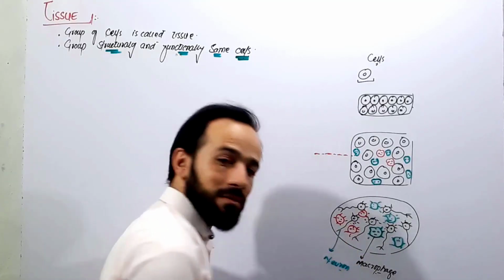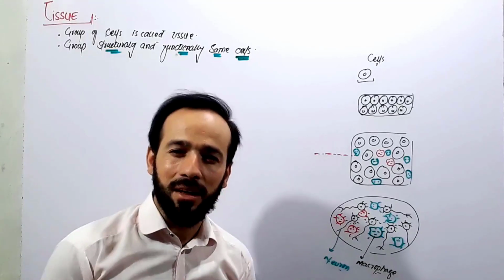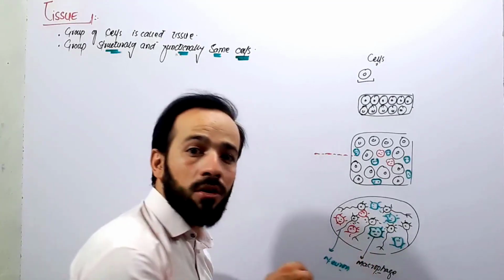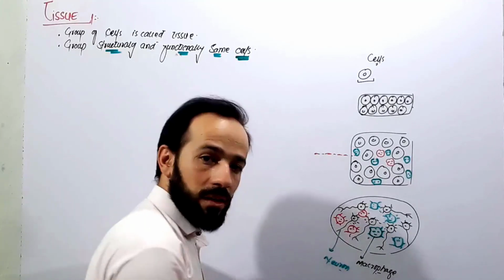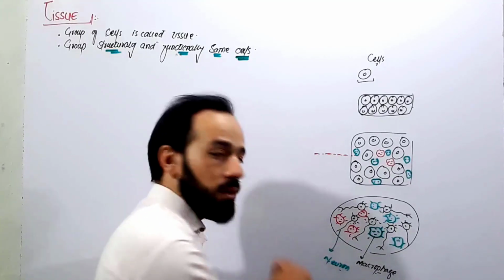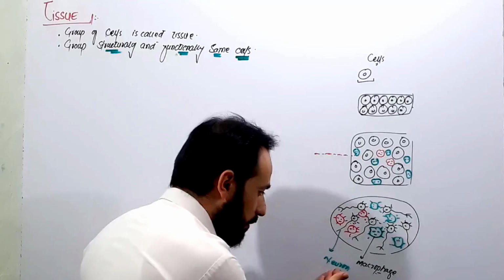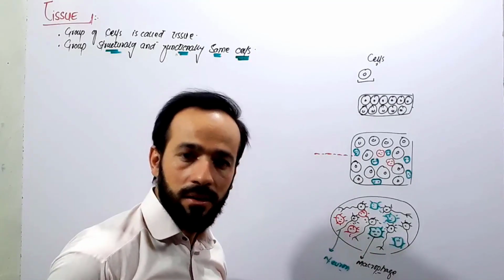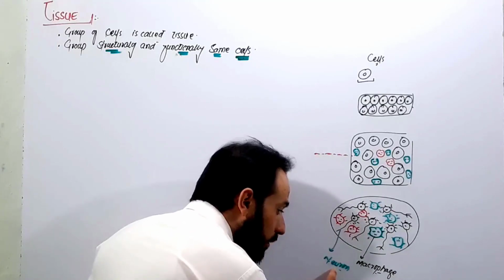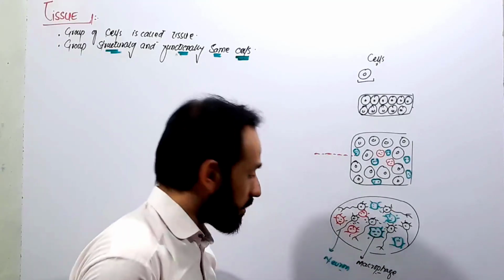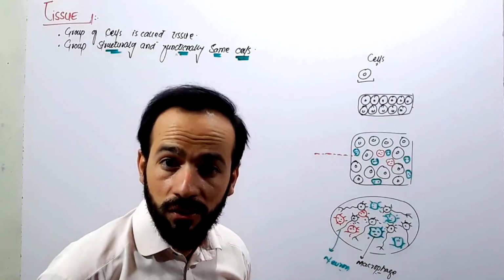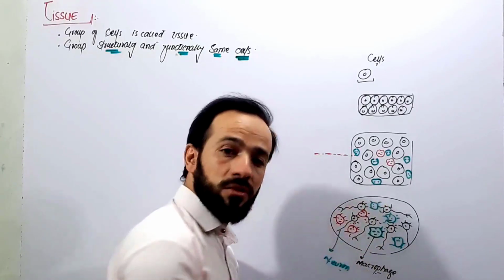Its function is to carry nerve impulses. This macrophage cannot perform this function of this nerve cell, because the neuron performs the function of conduction of impulses, right. And this neuron cannot perform the function of this macrophage. But both of them are very necessary. Both of them are present in this tissue.